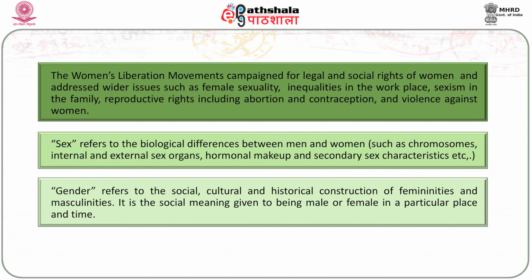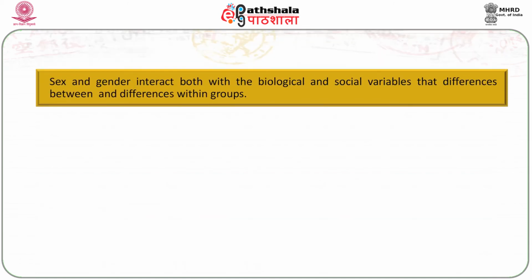It is the social meaning given to being male or female in a particular place and time. Sex and gender interact with the biological and social variables, and these are the ones that create differences between groups.